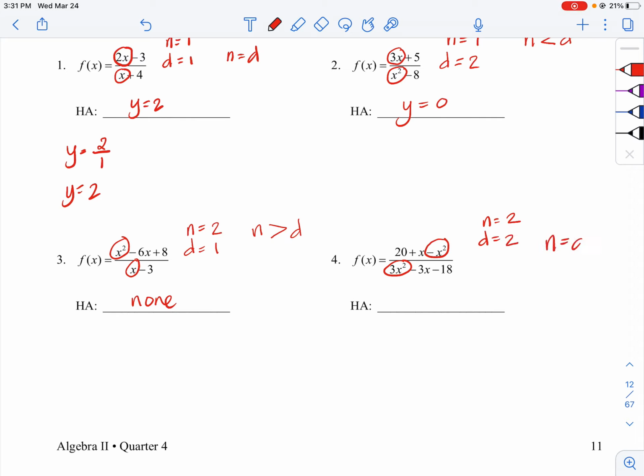So whenever n is equal to d, we are going to divide the coefficient of the numerator and the coefficient of the denominator. So this is negative 1 and positive 3. So this is negative 1/3. So our horizontal asymptote is y equals negative 1/3.